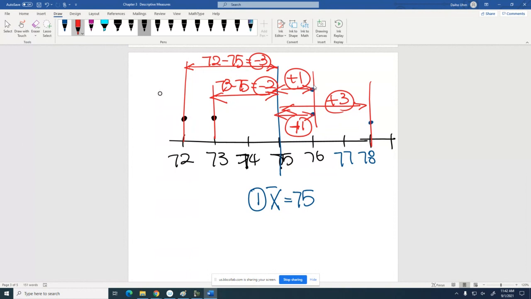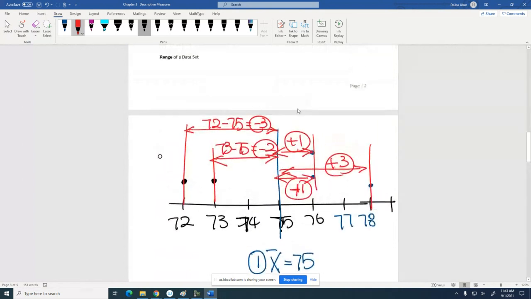And why we need a square? Because we have to make them all positive before taking the sum, then divide by n-1, and go back to take the square root of it. So that is a measure of the spread, a measure of the variation. The sample standard deviation. Any question?